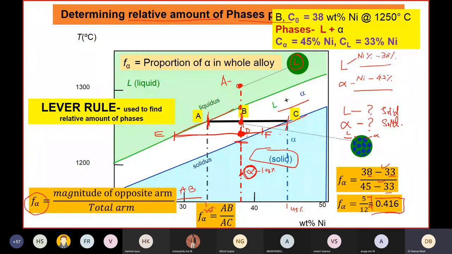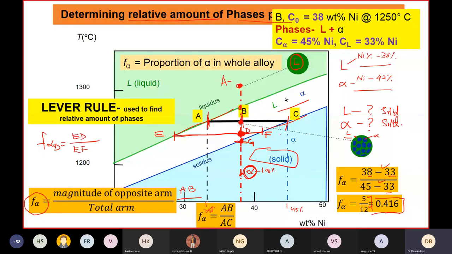And we understand that at this point, if I say it is EFG, below this point you will have 100% alpha. But at D here, you can find out easily what is F alpha at D. So if anyone can tell me, F alpha at D will be the length of the opposite arm, that is ED, upon the total length, that is EF.